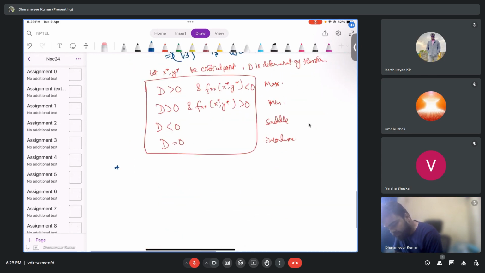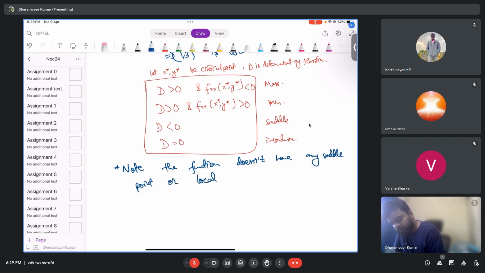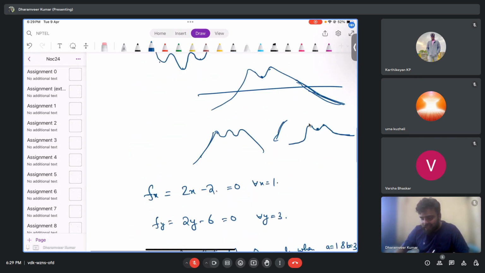Note, neither does it have a saddle point, so we cannot encounter a case like this.